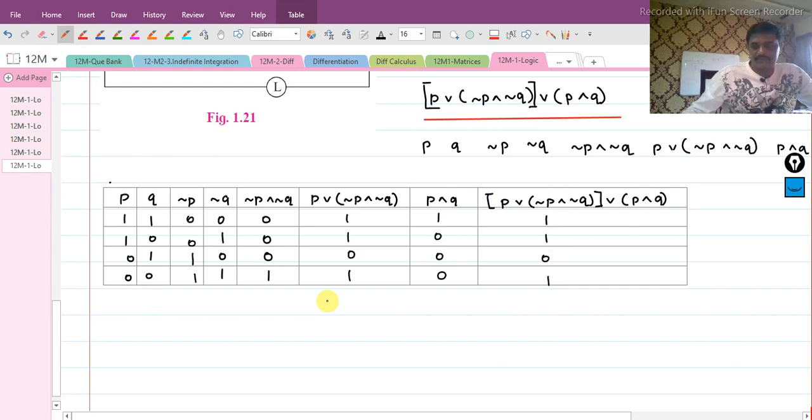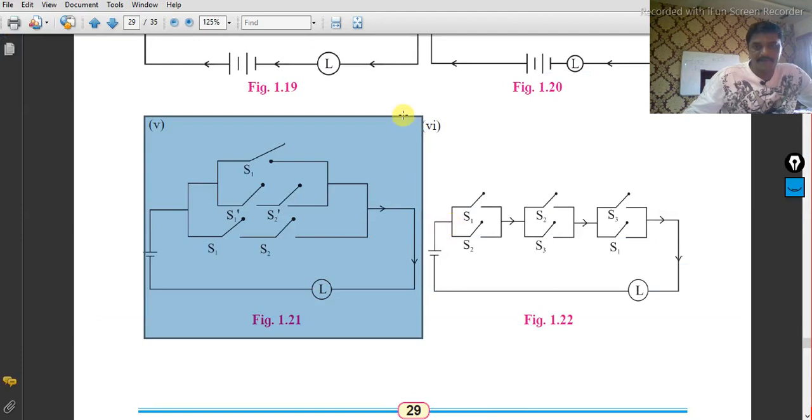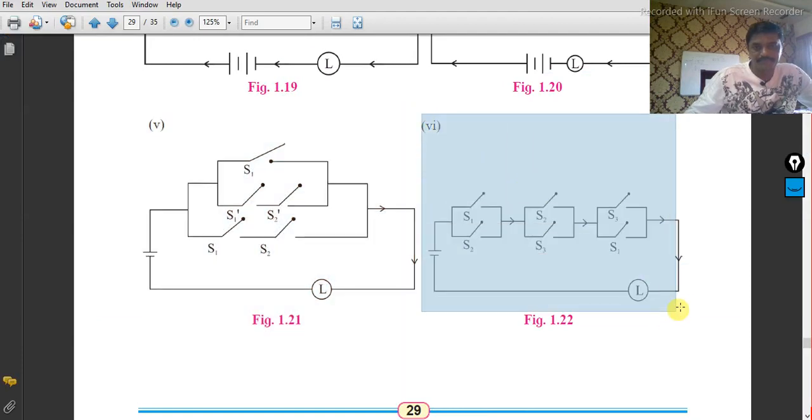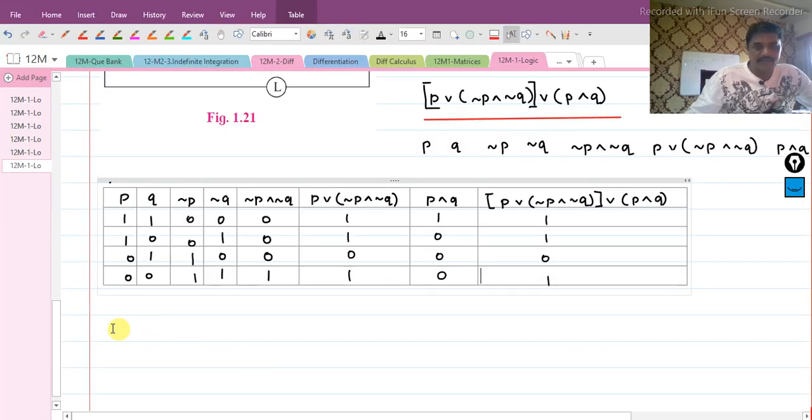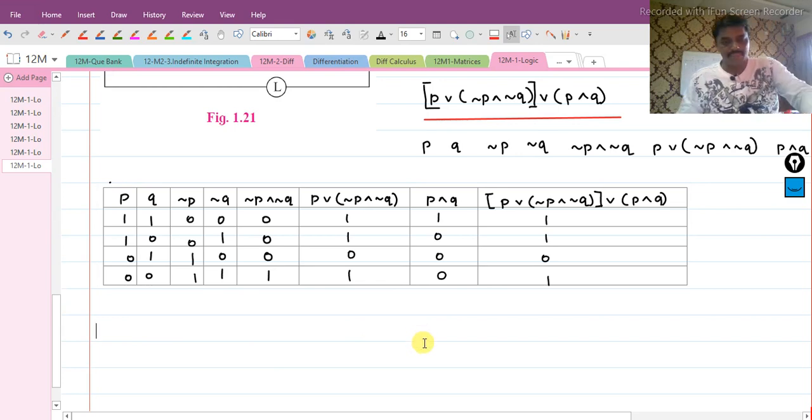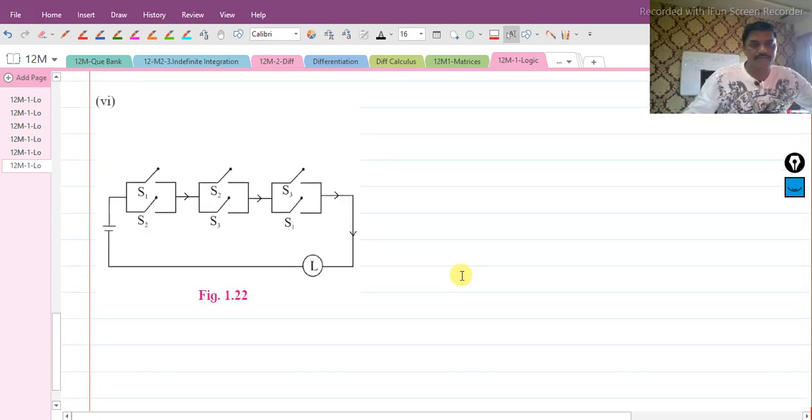I'll go for the last question of this part. Let's go to the last question. Here it is. What will come here, tell me. Switches we see are S1, S2, S2, S3, S3, S1.